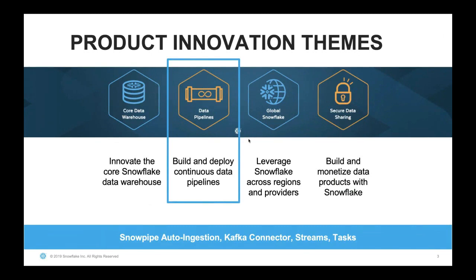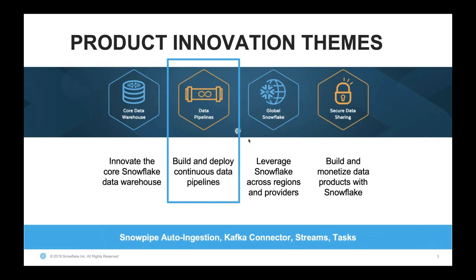And when you look at our product innovations, they can be categorized into 4 different themes that we are really focusing on. Obviously, we're a cloud data warehouse, so we're putting a lot of effort and energy into innovating in that space, and adding new features and functionality on a regular basis. We are committed to making Snowflake global.